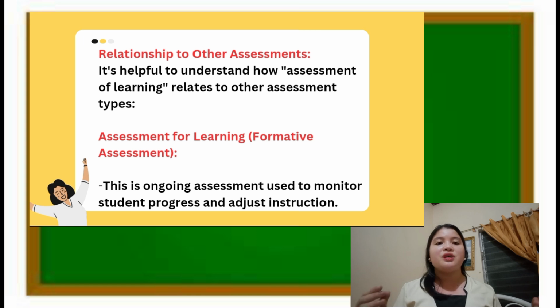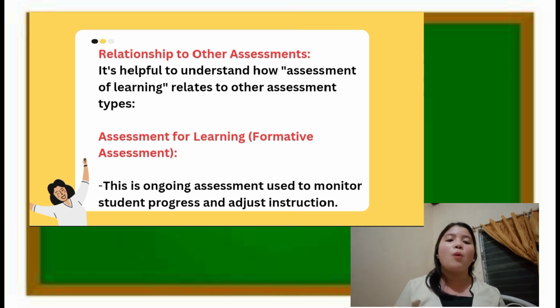Relationship to other assessments. It helps us understand how assessment of learning relates to the other forms of assessment.